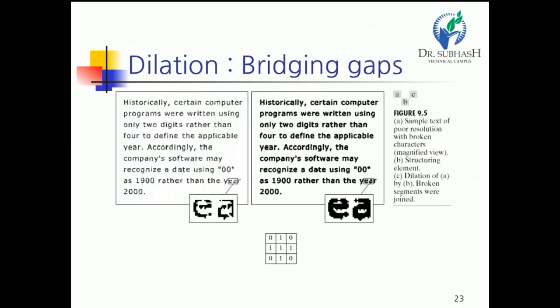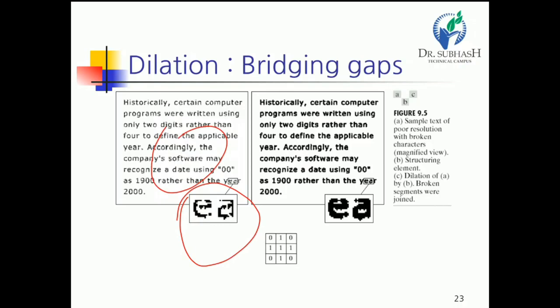Dilation is nothing but bridging gaps. Suppose we have some words in this format, and that is the sample text of poor resolution with broken characters. In figure A, the resolution is poor and the characters are broken.